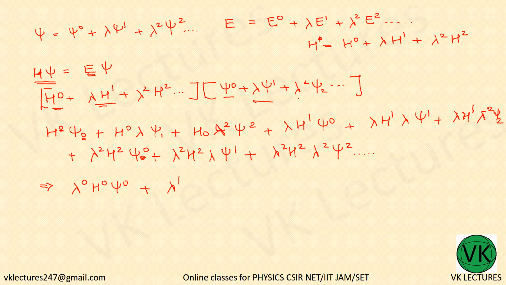So whenever we have lambda 1, you can use H naught and psi 1. Okay, then wherever we have lambda, just take it out.